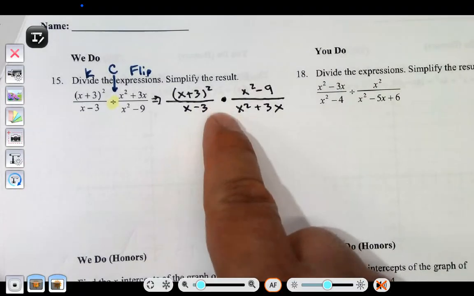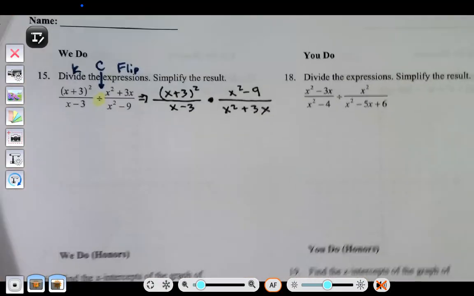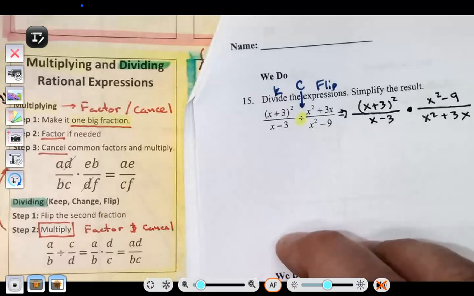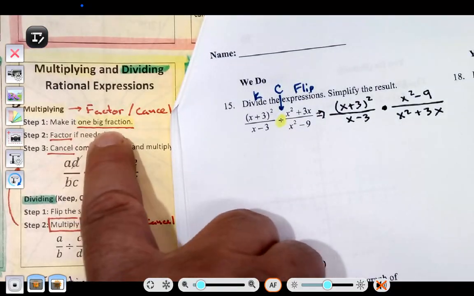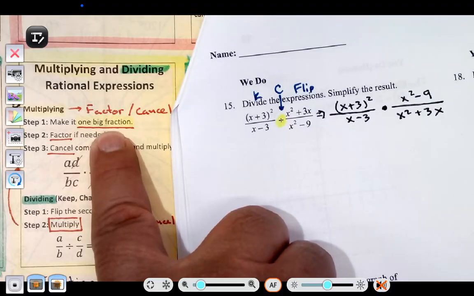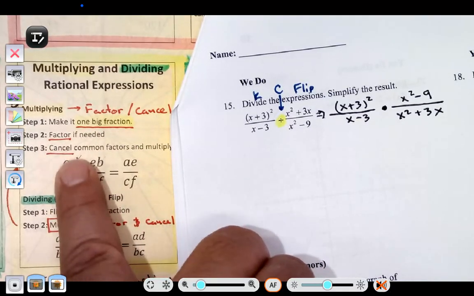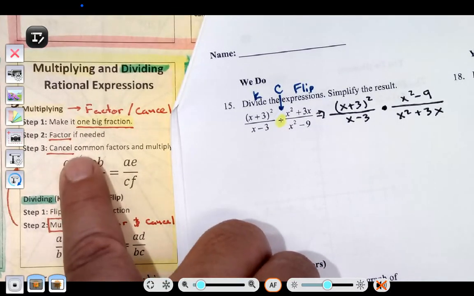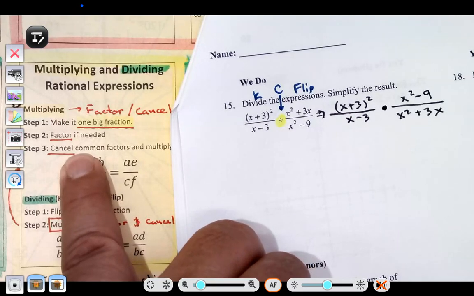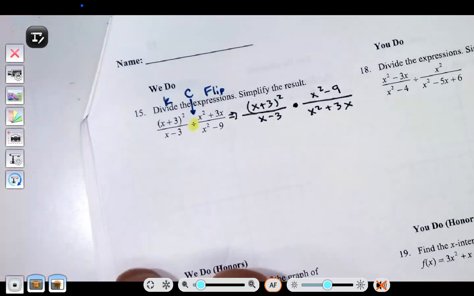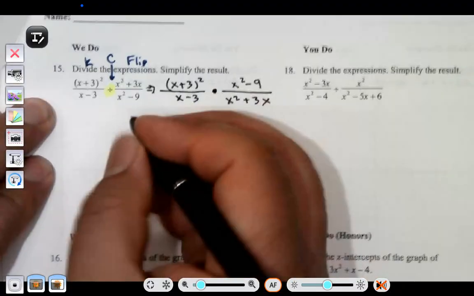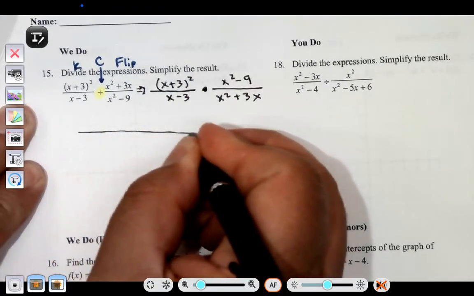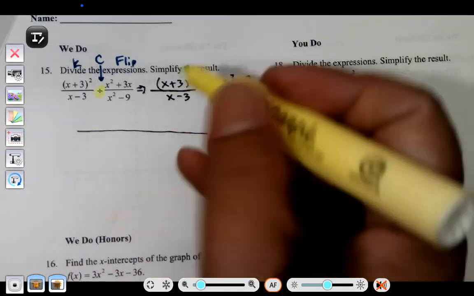Okay, well, now that it's multiplication, I'm going to bring back what I did earlier, which is I'm going to make one big fraction instantly. Then I'm going to factor, and then I'm going to cancel things out. Anything from the top can cancel with anything from the bottom. So they said, make one big fraction. Okay. There we go. First thing I see is this.